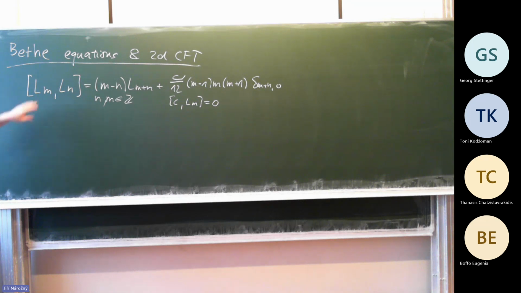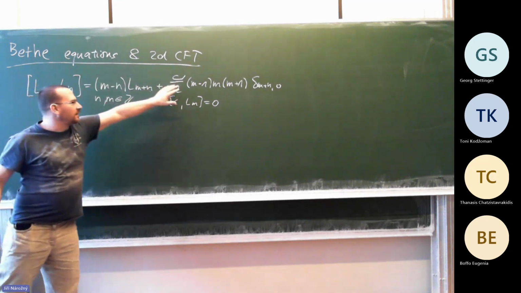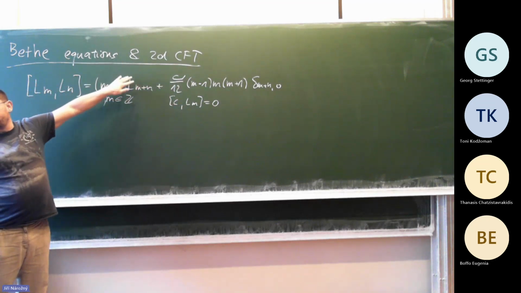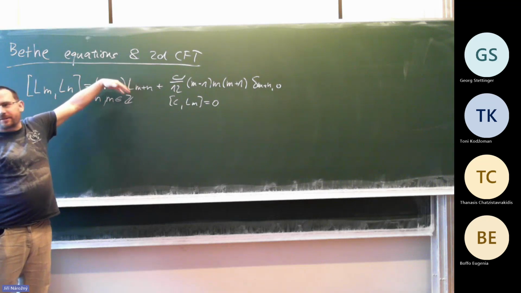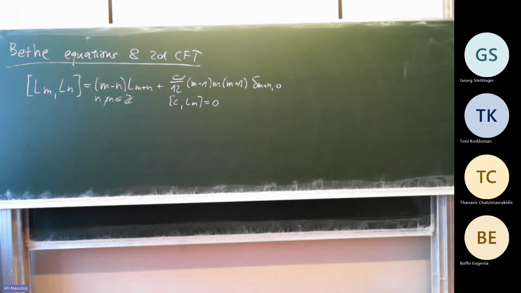Their commutation relations look like this. There are certain generators, but the right-hand side is not necessarily linear in the generators, and can be more generally some element of the universal enveloping algebra of this Lie algebra. Such algebras are called W algebras, and they seem to appear naturally in physics.